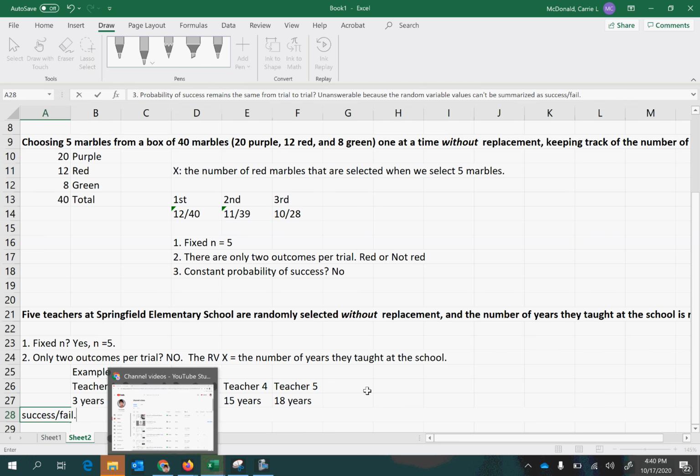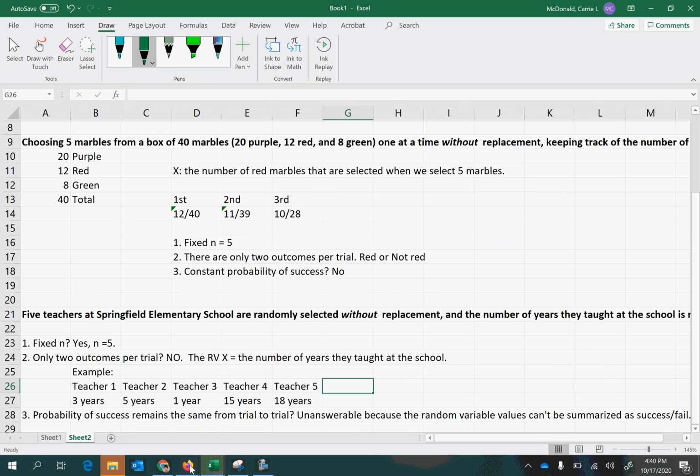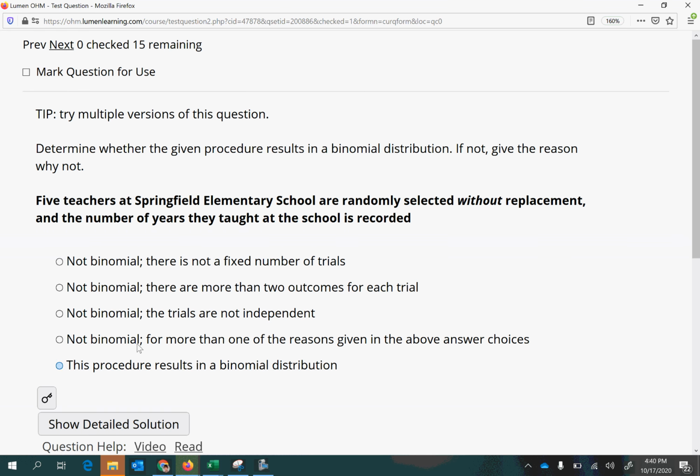Okay, so let's see what our answer options are here. Okay, so there were a fixed number of trials, so we can ignore the first option. There are more than 2 outcomes per trial. That's true. The trials are not independent. Well, that's not really true. But the binomial fails for more than one of the reasons.